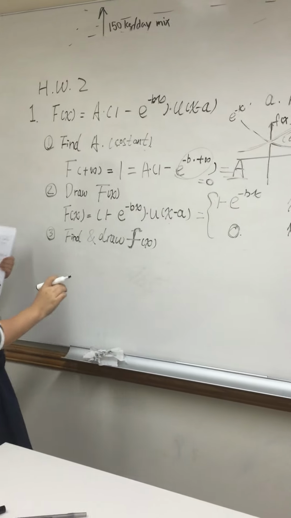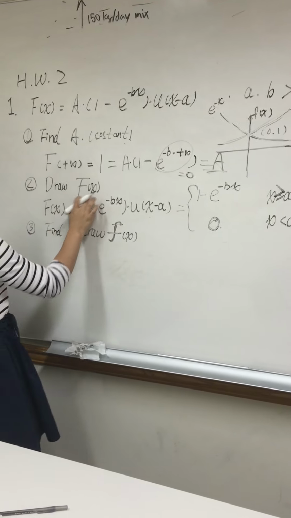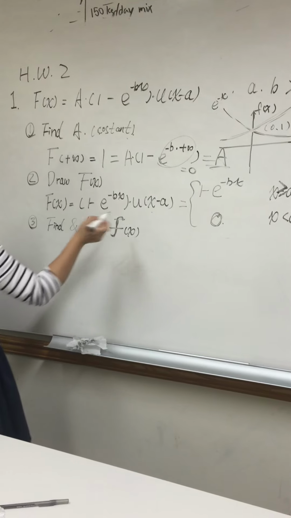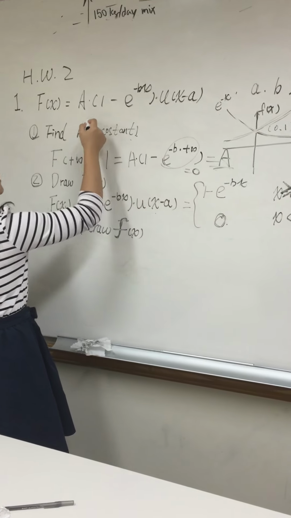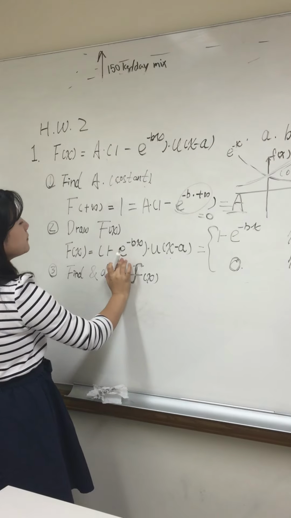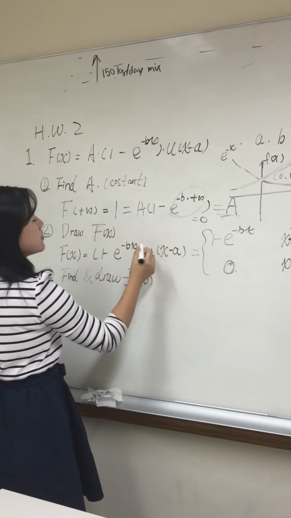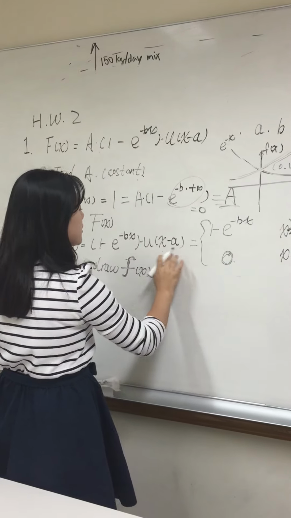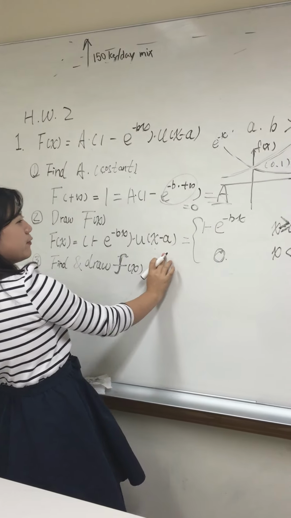And the second question is to draw F(x). We put A equals 1 into this function, and we get F(x) equals 1 minus e to the minus bx times the step function.